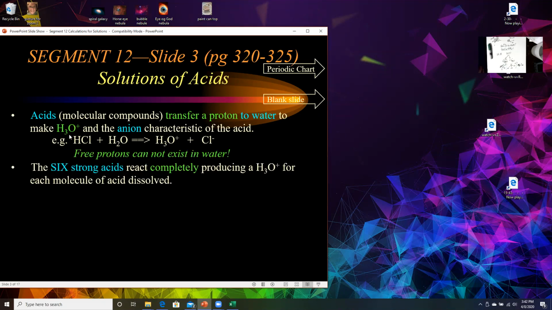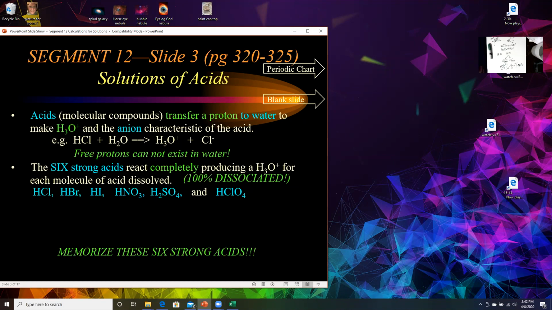Now, I told you HCl completely dissolves in water and completely dissociates, but do all acids do that? And the answer is no. There are 6 strong acids that completely dissociate in water, and they are HCl, HBr, HI, HNO3, H2SO4, and HClO4.